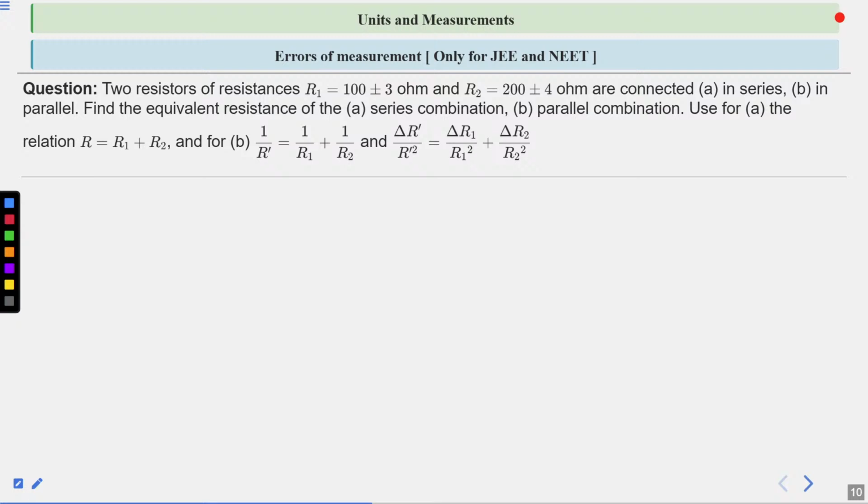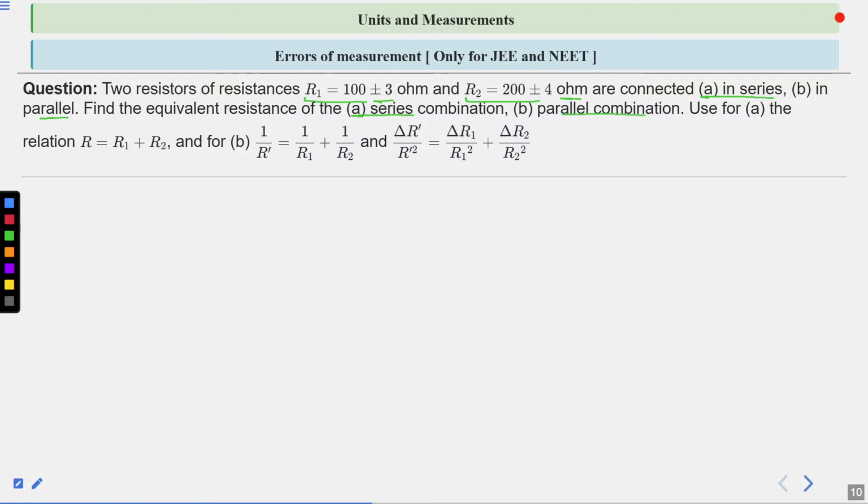So here the question is: two resistors of resistances R1 is equal to 100 plus minus 3 ohm and R2 is equal to 200 plus minus 4 ohm. Ohm is the unit of resistance. They are connected, first in series combination and second in parallel combination. Find the equivalent resistance of A, the series combination, and B, the parallel combination.